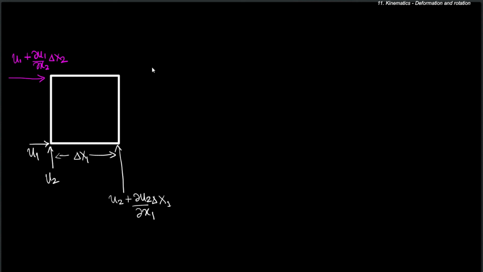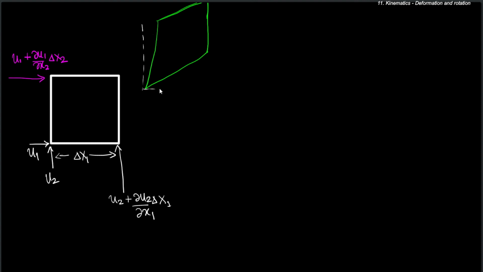Now, because of these velocities, first of all we note that the cube will move. So let me draw an exaggerated figure, something like this. So forget about this direction for now. Okay, so let me draw the original direction as well.